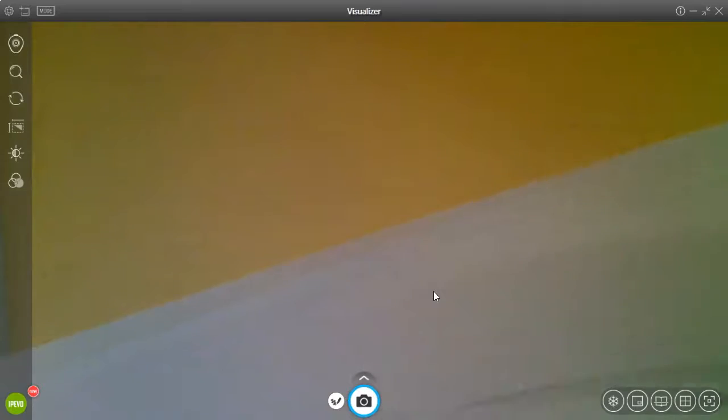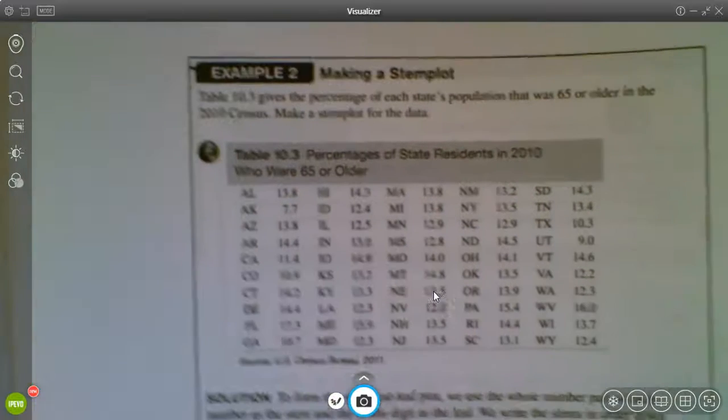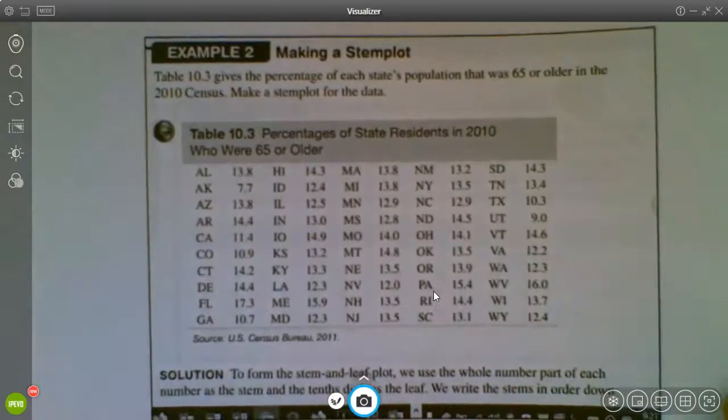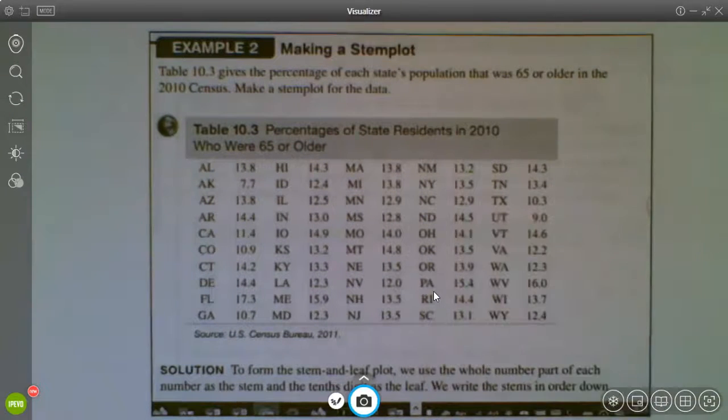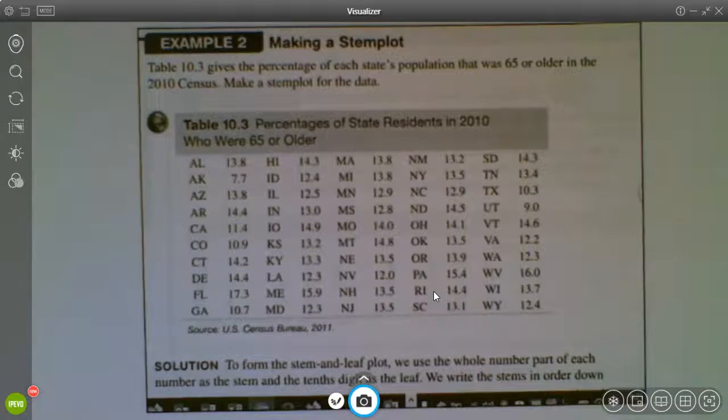All right, let me take you to a stem plot, also known as a stem and leaf plot. You might have seen one of these before. So if I have all this data, this one was just percentages of residents that were 65 or older. And so as you look at all these, these are percentages. So like in Alaska or Alabama, whatever that is, 13.8% of their population is 65 or older.